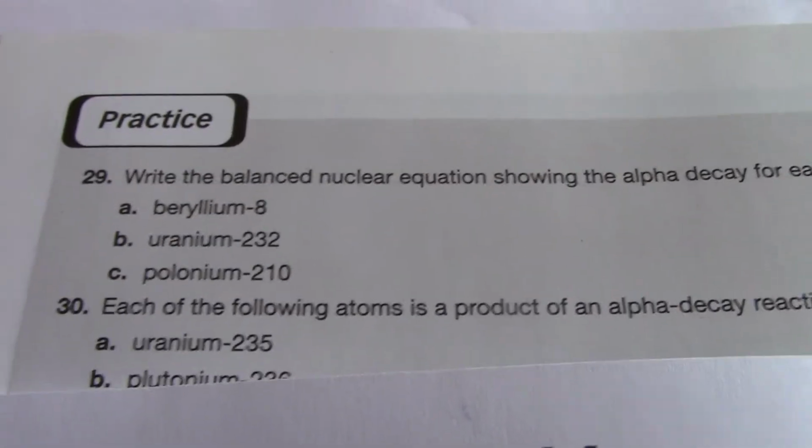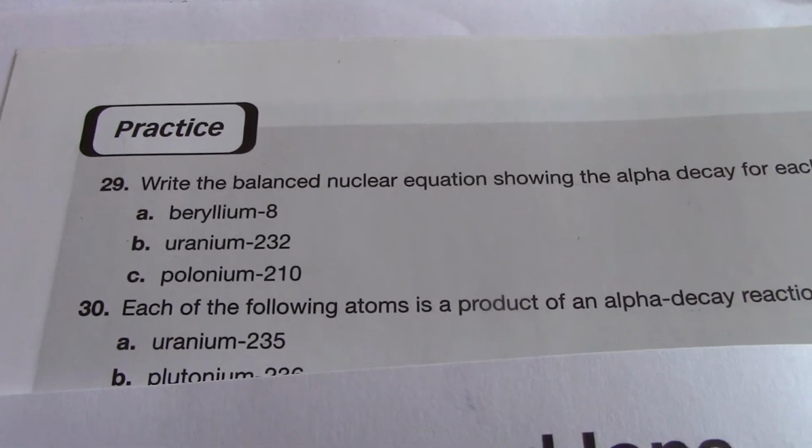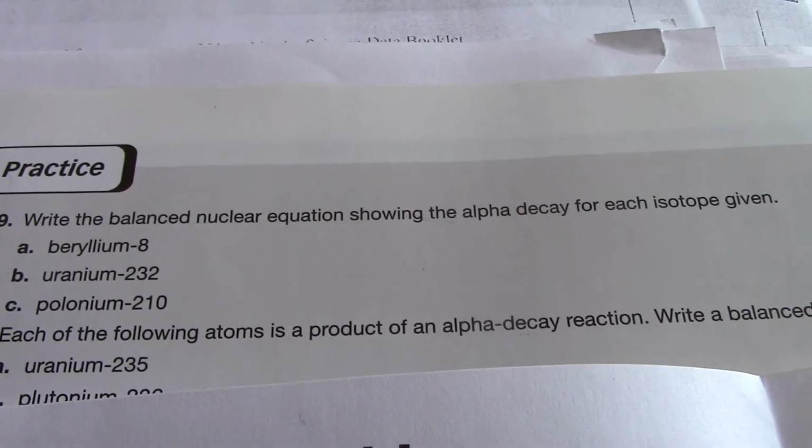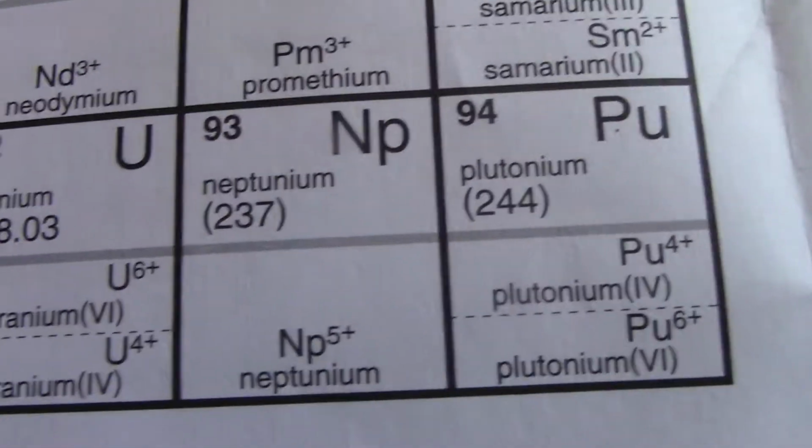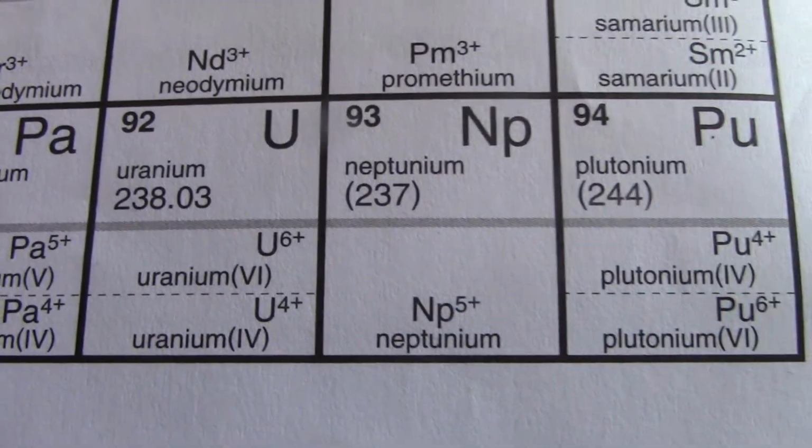I'll look at B, and then I'll leave C for you. Uranium-232 is going to alpha decay. So we have uranium-232, and remember, going back to my periodic table, uranium has an atomic number of 92. It alpha decays, so it makes a helium atom.